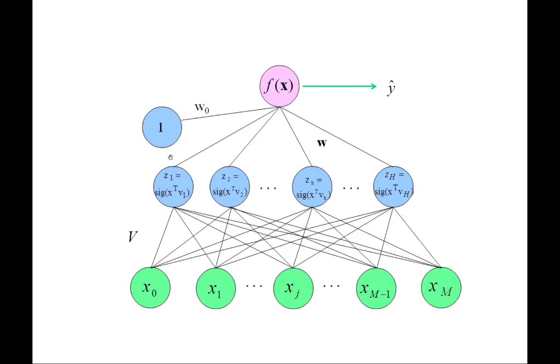So it is exactly the same thing, only that we now don't just pick some basis functions according to some rules or some intuition. We learn these basis functions, and all these V parameters are from input to hidden. So if W is a vector, this is a big matrix, and this hides, in fact, a large number of parameters, because each link here is attached with a synaptic weight, with a parameter.